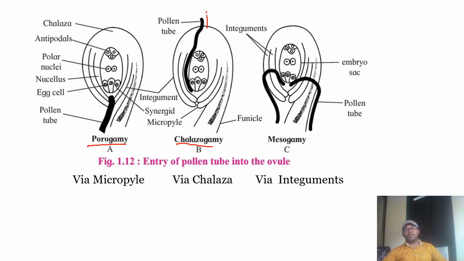Sometimes they may enter by piercing the outermost covering of the ovule. You know about that, that is nothing but integuments. By piercing the integuments, such entry is said to be mesogamy.